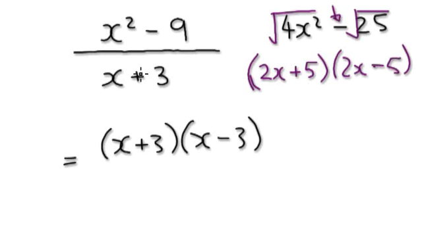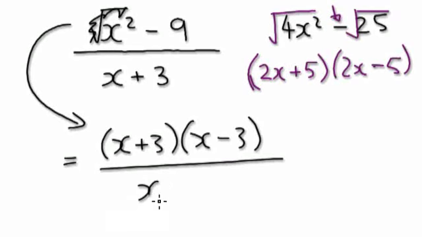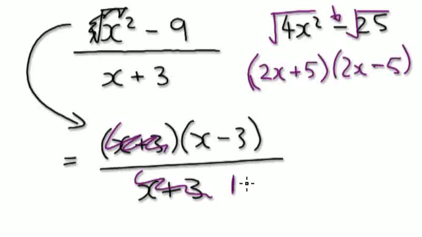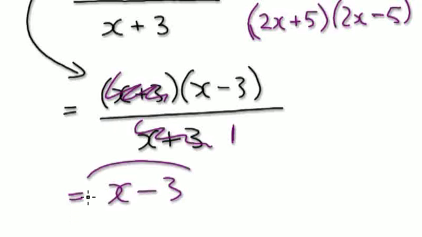So when you're doing factorization, try and spot if you can easily square root the terms. So anyway, this top bit here will become this, and then at the bottom it will be x plus 3. And look at this, it conveniently cancels out, so because it's on top, you can imagine it becomes this thing over 1, and it basically becomes x minus 3. Okay, so your overall answer will be x minus 3.